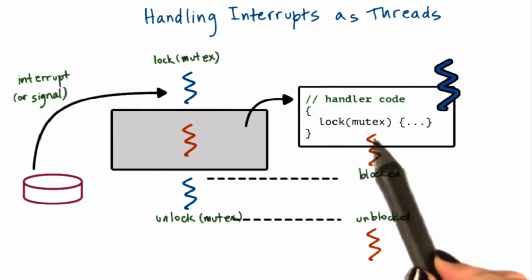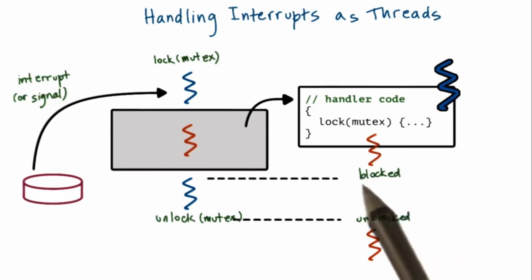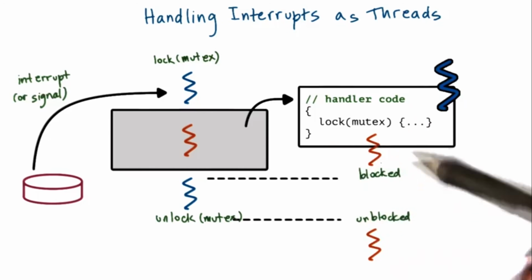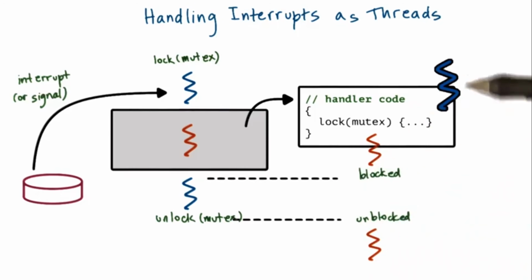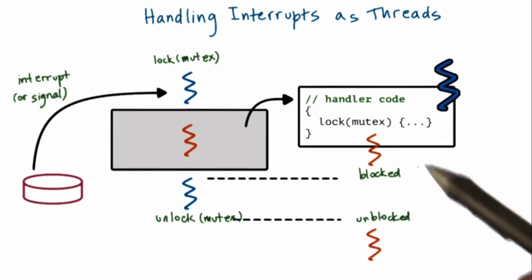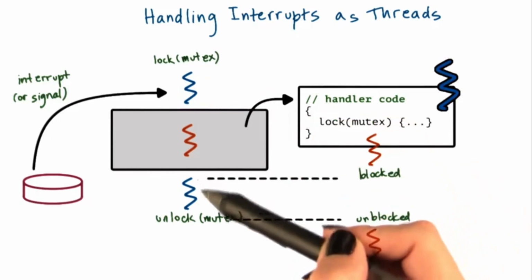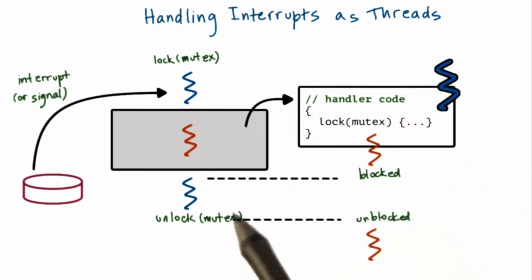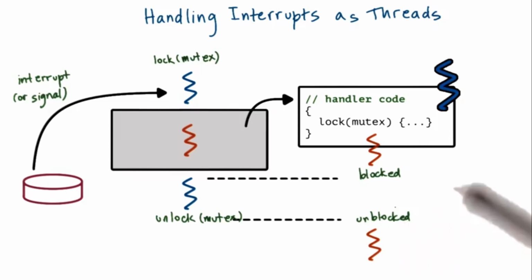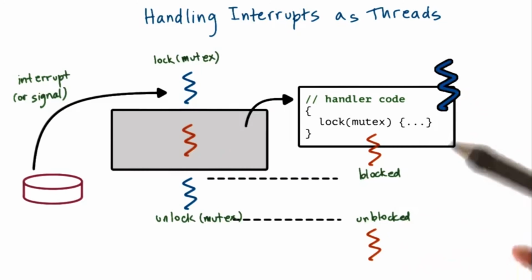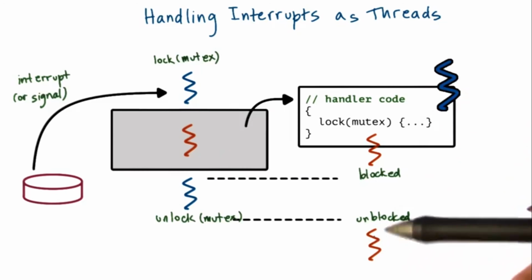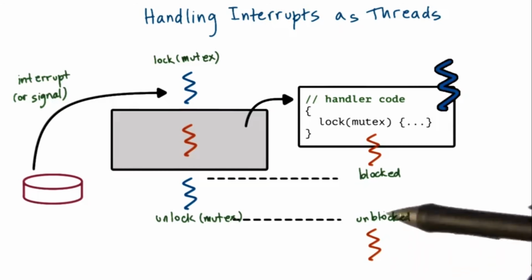When the locking operation is reached, if it turns out that this one blocks, then the handler code and its thread will be placed on a wait queue associated with the mutex, and instead the original thread will be scheduled. When the unlock operation happens, we dequeue the handler code from the queue that's associated with the mutex, and the handling routine can complete.